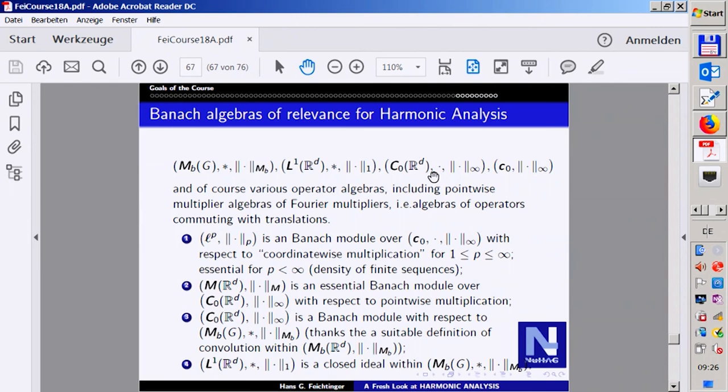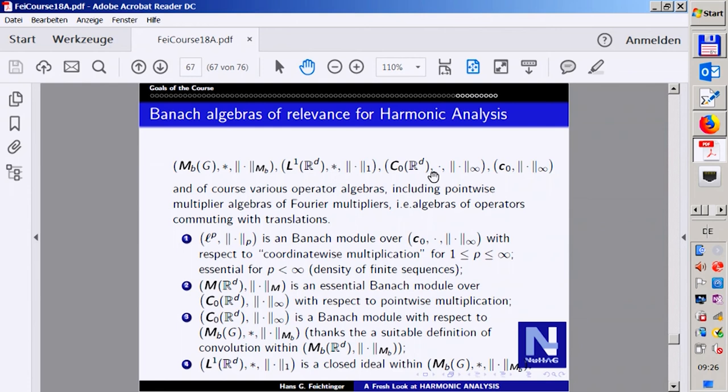Inside of this, that will be discussed in much detail next, is L1. We have C0, and if you want to understand things without measure theory, even without continuity, you take C0 as a first test case. What is happening? So one statement is in the Banach module theory. I don't know if I have written it up in the notes. You will find, and I repeat it in words, the concept of essential Banach modules.